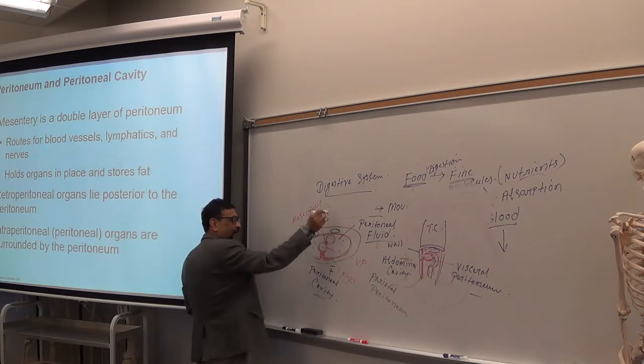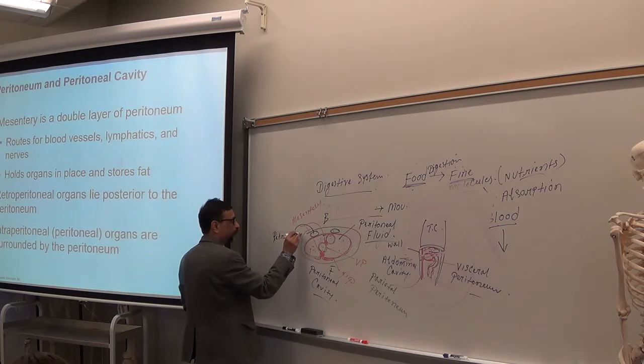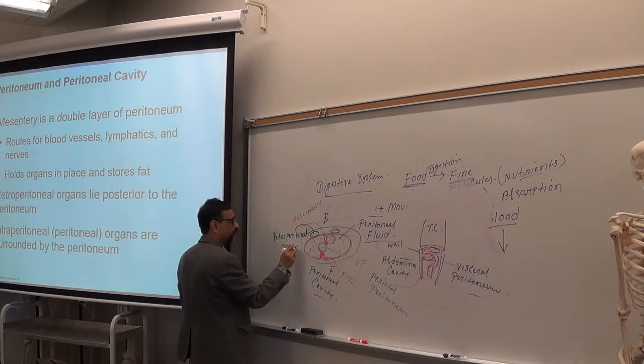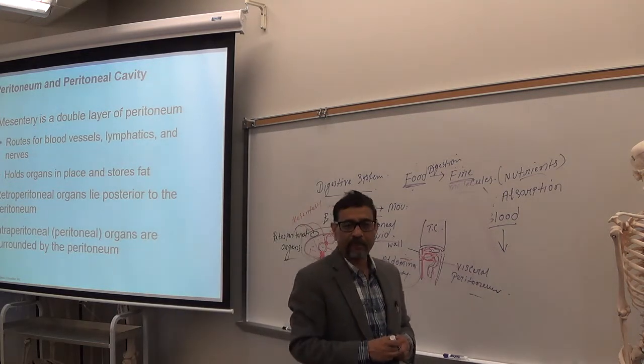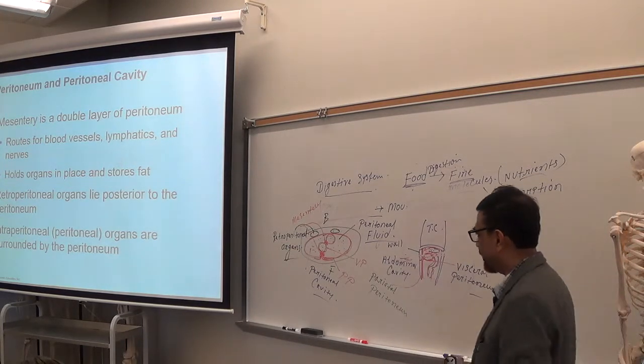They are outside of, or behind, the peritoneal cavity, and these are called retroperitoneal organs.